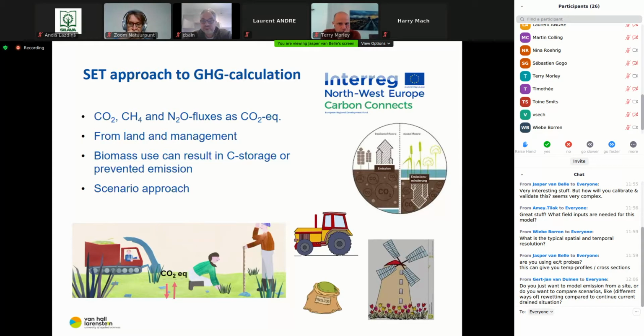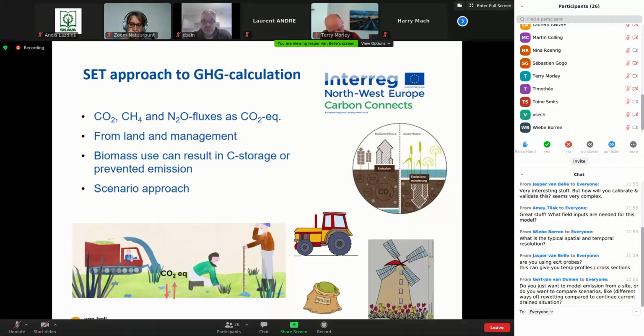What the site emissions tool does is that it calculates CO2, methane, and N2O fluxes and translates these to CO2 equivalents. The idea is that we aimed it to be applicable in managed peatlands, so we also include the management activities that are undertaken as part of the land.